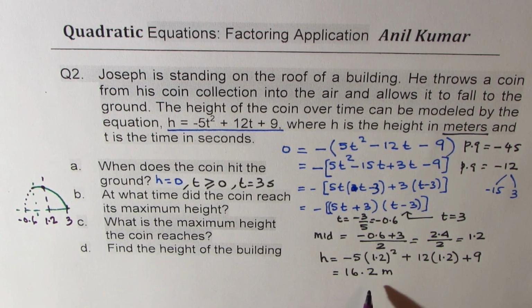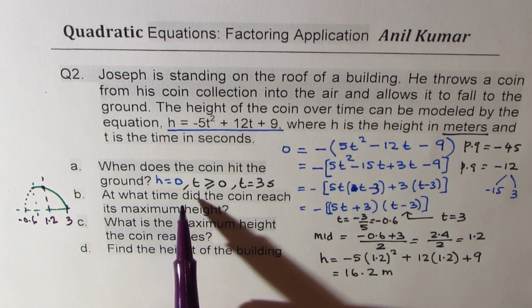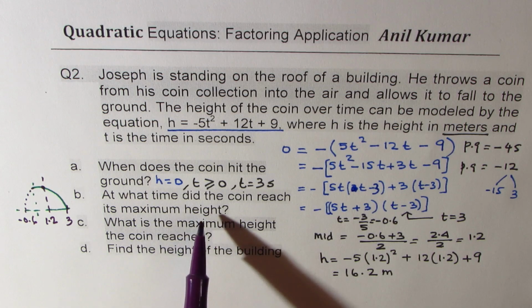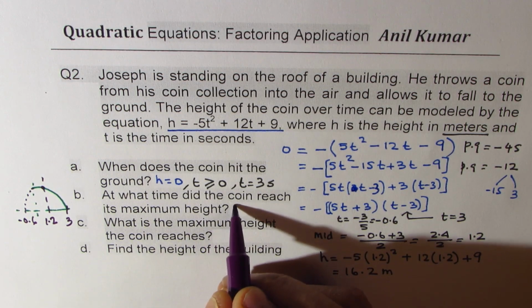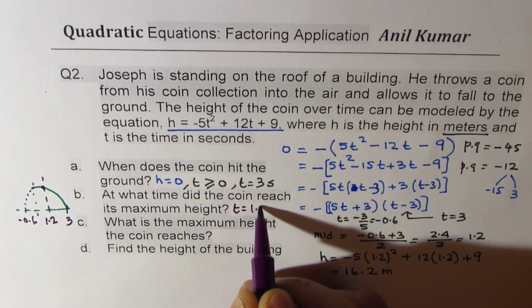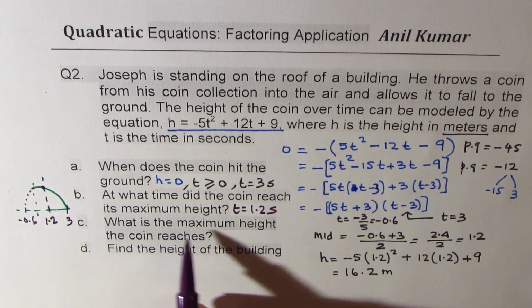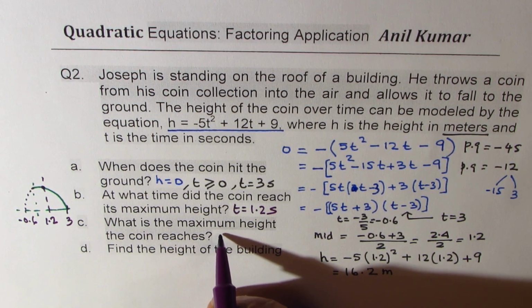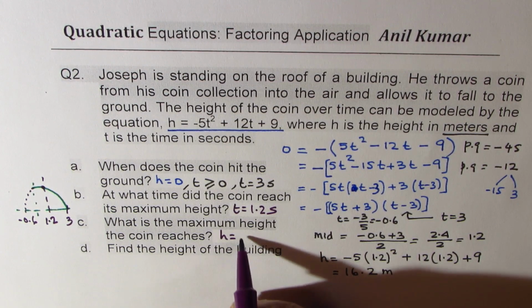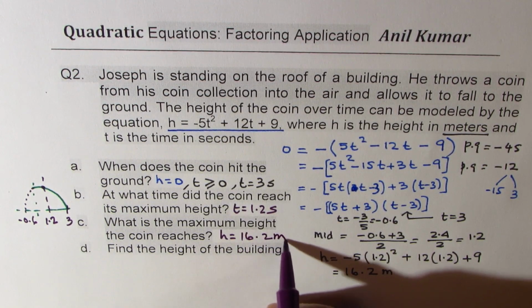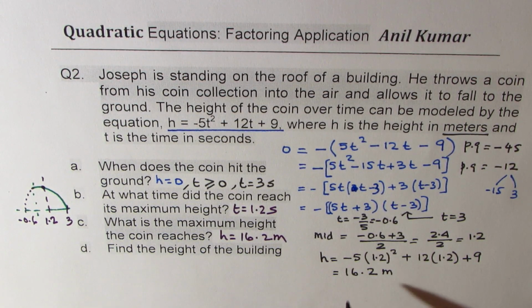So I hope this calculation is clear. So that answers B. At what time did the coin reach its maximum height? So time was t equals 1.2 seconds. What is the maximum height? So maximum height h will be 16.2 meters. Do you see that? So 2 questions have been answered in doing these calculations.